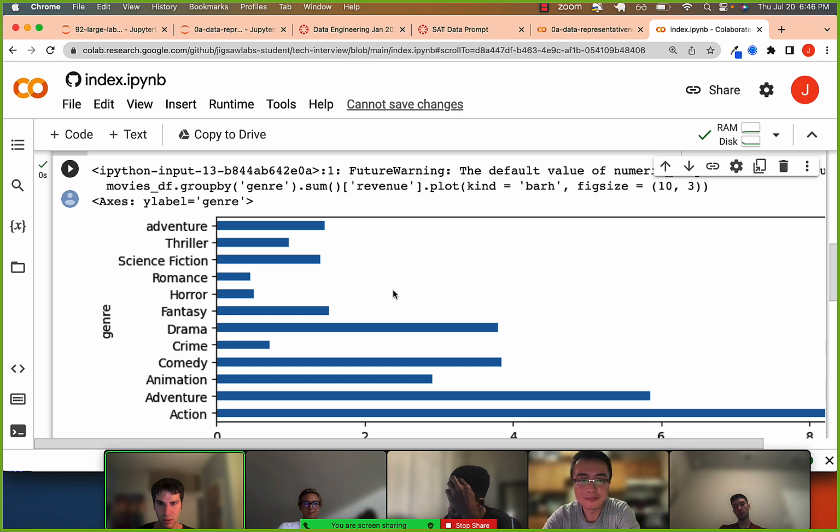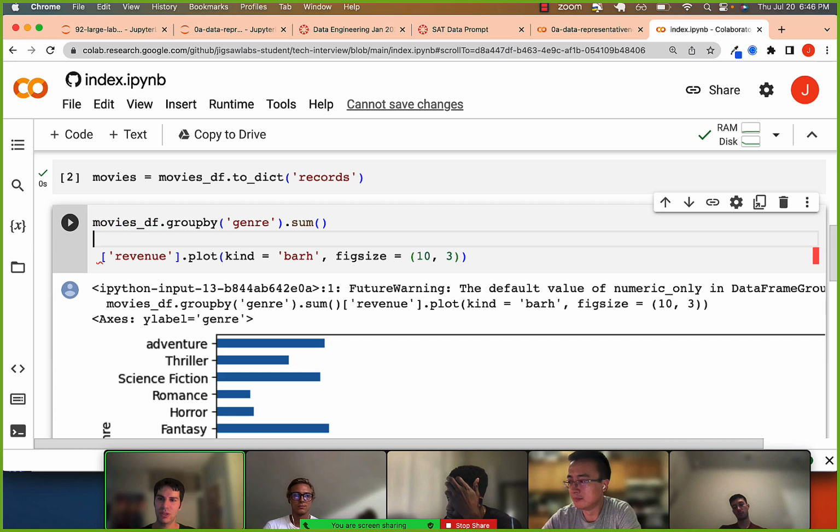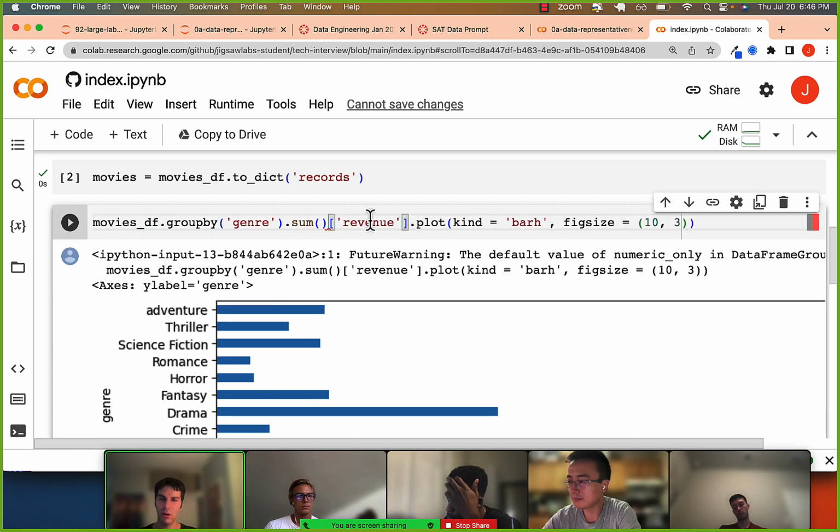So what is the overall point? This thing returns a data frame, so you have to select from it. And the other way you could have figured this out is to do one thing at a time. Just see what the return value is, and you'll see that it's a data frame, and then work on it from there.